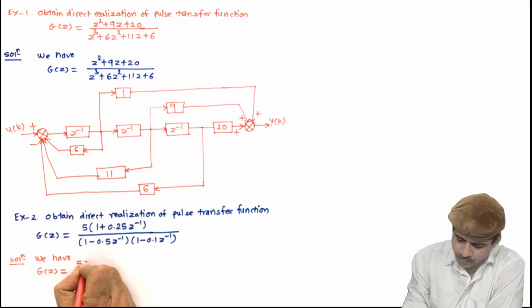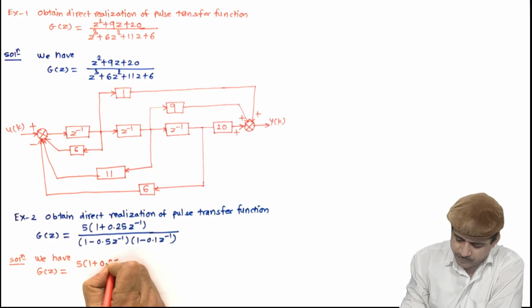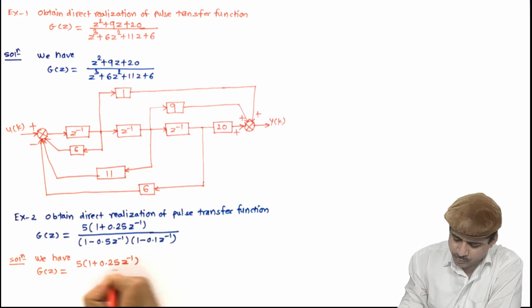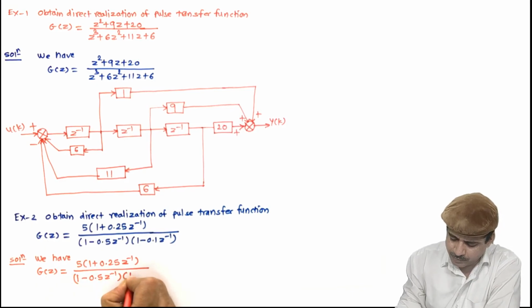This is 5 into 1 plus 0.25 z raised to minus 1 divided by 1 minus 0.5 z raised to minus 1 into 1 minus 0.1 z raised to minus 1.